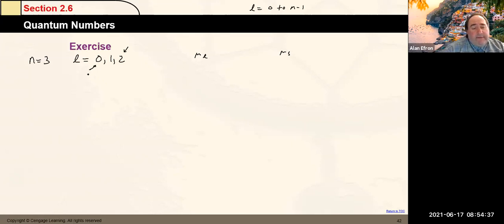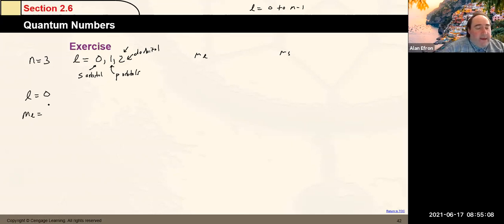As we saw previously, an L value of 0 represents an s orbital. An L value of 1, as we just saw, represents p orbitals. And as you might be able to guess here, an L value of 2 would represent a d orbital. So for each of the L values, you can have an m sub L value.